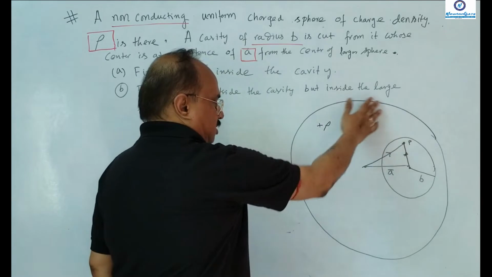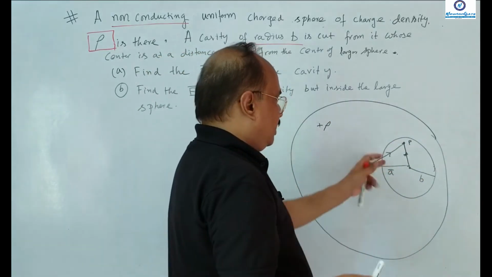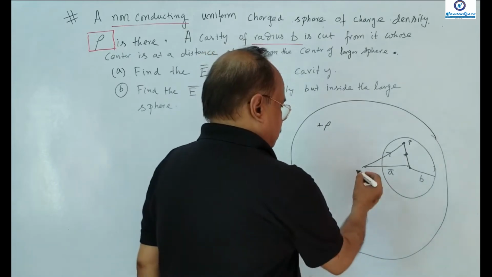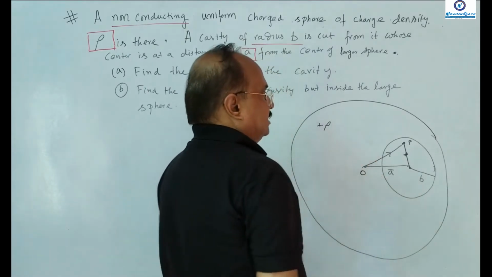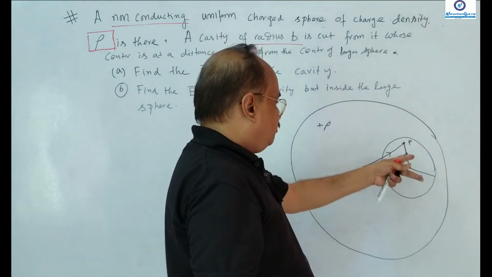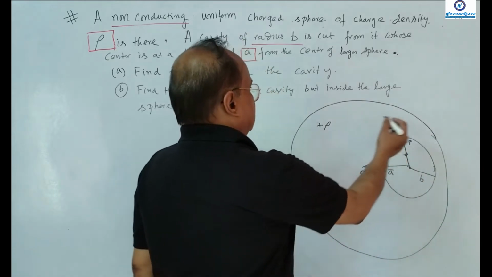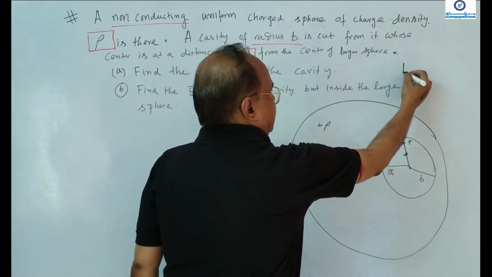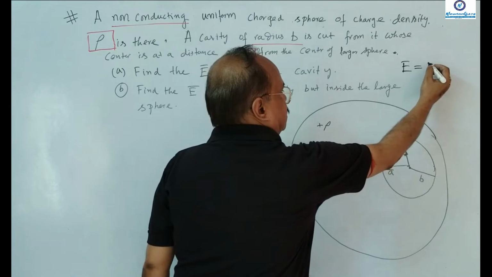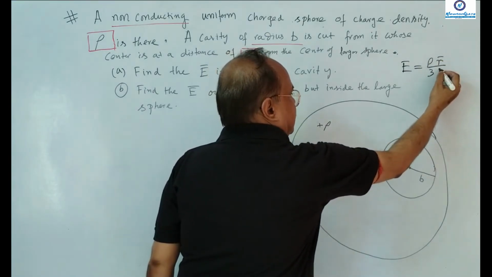First of all, I will think that there is no cavity. Since there is no cavity, this larger sphere, as I taught you previously, with a uniform charge density can create an electric field. E will be equal to rho r divided by 3 epsilon naught.